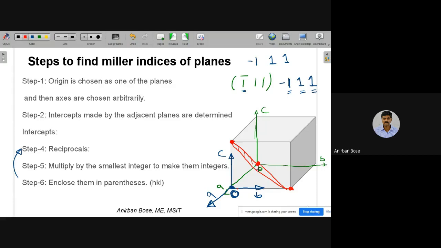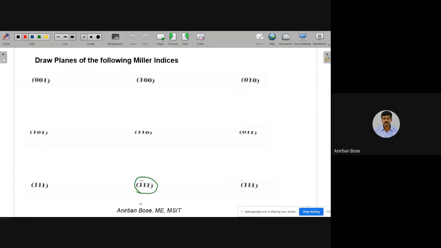So this is the plane having Miller indices 1 bar 1 1. Okay, so in this way you have to draw. You have to practice all these things, to see whether you are able to do them or not.